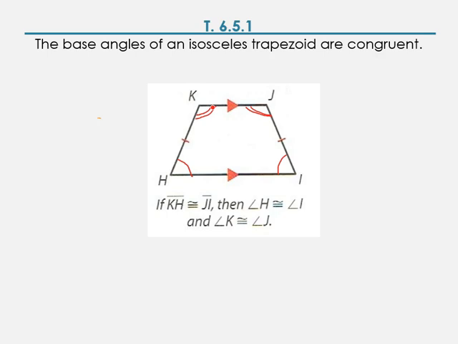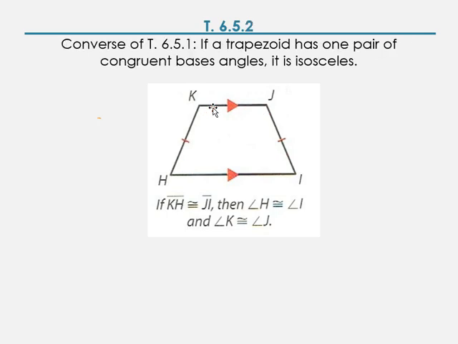K and J are parallel, H and I are parallel. If that's true, and KH is congruent to JI, which makes it an isosceles trapezoid, then angle H and angle I are congruent to each other, and angle K and angle J are congruent to each other.